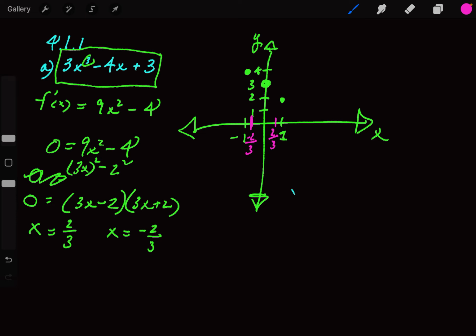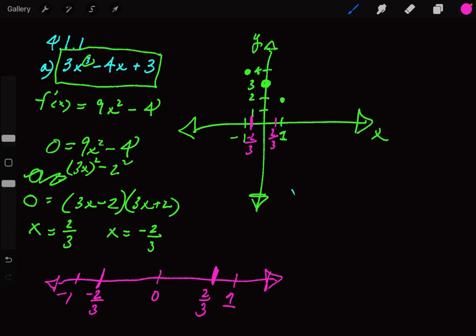So when I draw out this line, I'm going to put 0 right here. I'm going to put -1 over here. -2 over 3 is somewhere over here. I'm going to put 1 over here, and then +2 over 3 is somewhere over here. And I'm just going to test the intervals, because we should see that I've broken up the real line into 3 intervals: everything less than -2 over 3, between -2 over 3 and 2 over 3, and then everything greater.